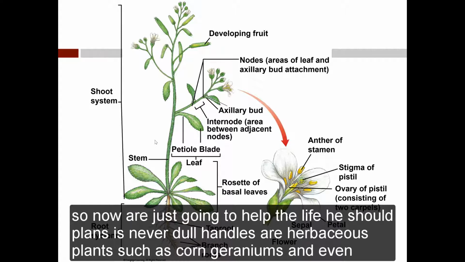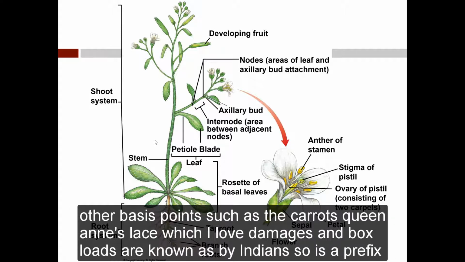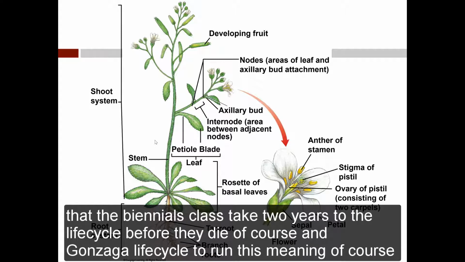Annuals are herbaceous plants such as corn, geraniums, and even marigolds. Those herbaceous plants grow, reproduce, and die in 1 year or less, or one growing season or less. Other herbaceous plants, such as carrots, Queen Anne's lace, which I love, cabbages, and foxgloves, are known as biennials. So use your prefix there.